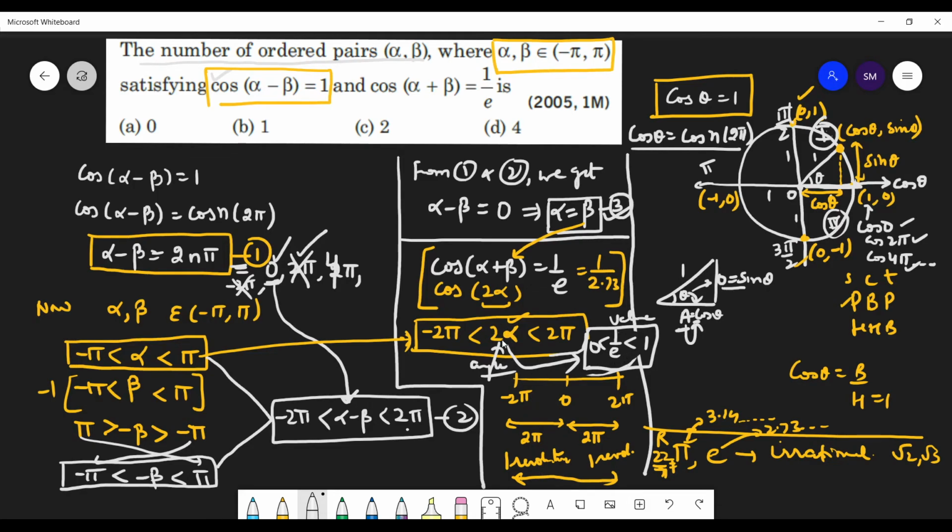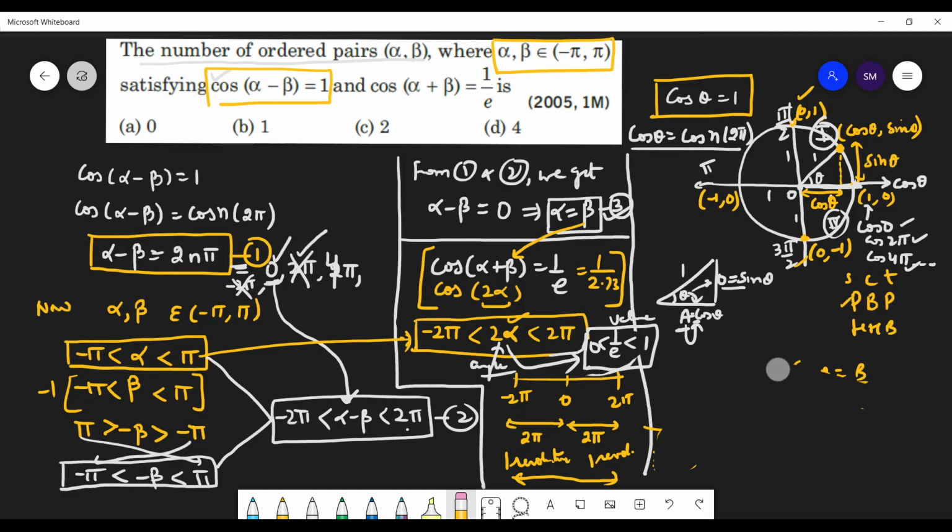So it means it has 2 solutions, students. What does this mean? So you can write here, the equation cos 2 alpha is equal to 1 by e has 2 solutions.